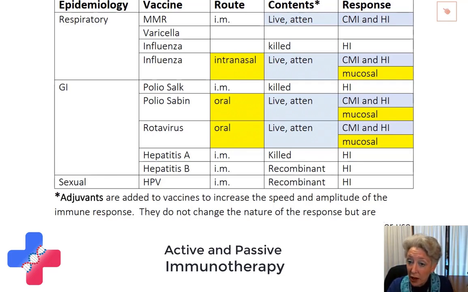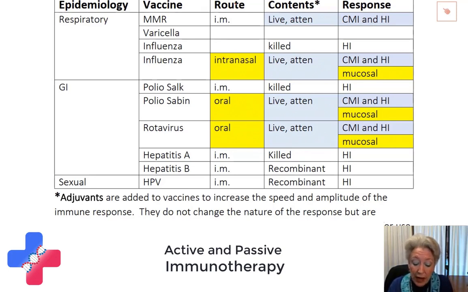So notice that I highlighted in yellow those cases of vaccines, regardless of what their type is, if they are administered across a mucosal barrier, it means that my immune response is going to be in that specific area. And so all of my memory and my response will be targeting that natural mode of entry for the pathogen.